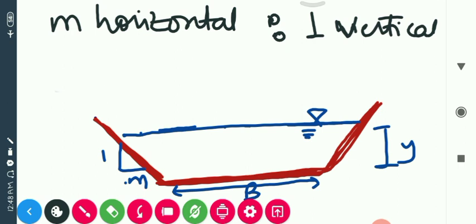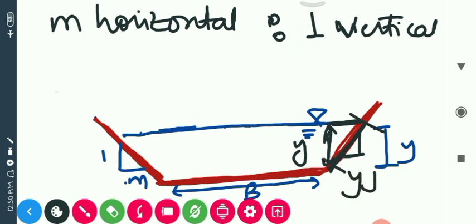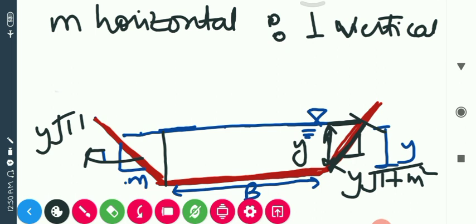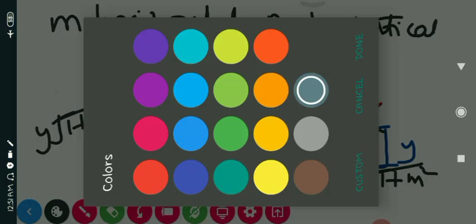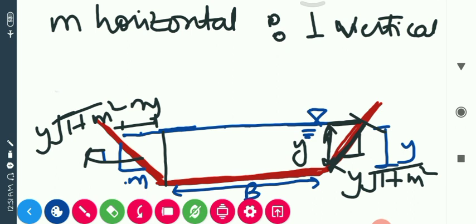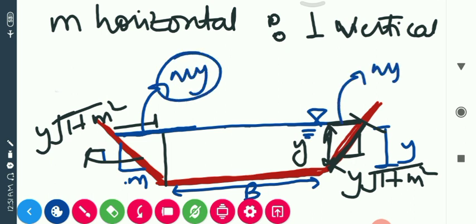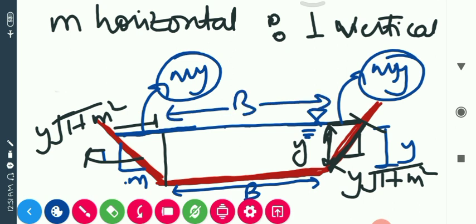This is the slope. Okay, so if this depth is y and the slope is m, the length of this part is y into under root 1 plus m square, and this value will be my, and here it will be the value of b, same.